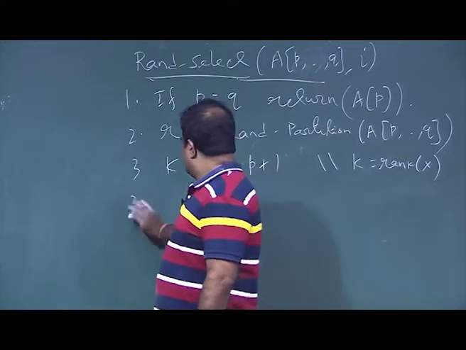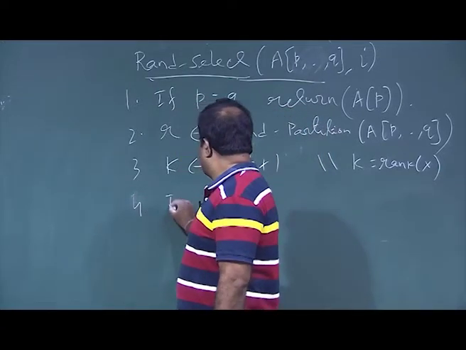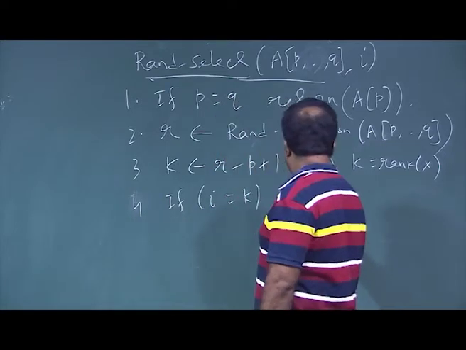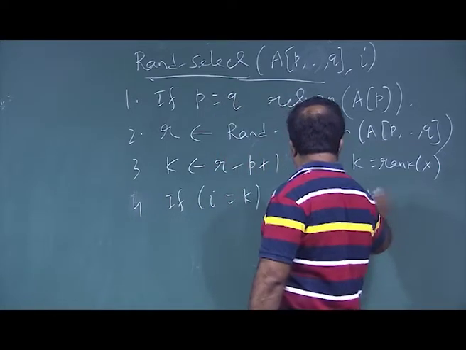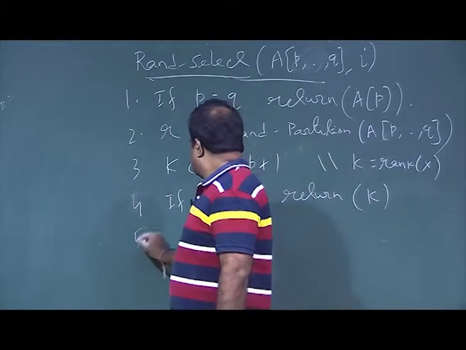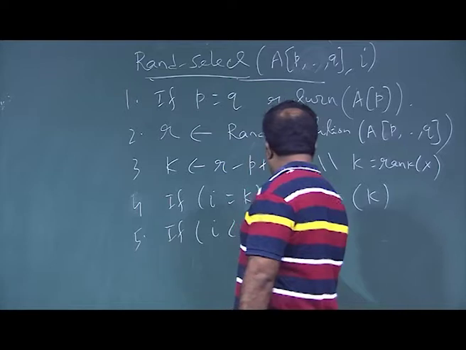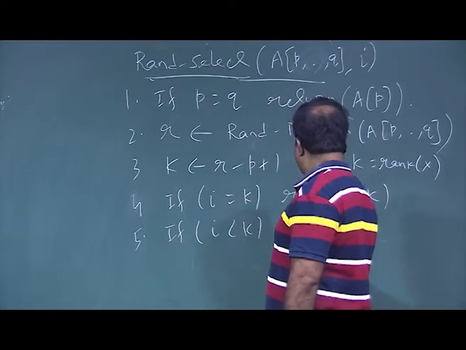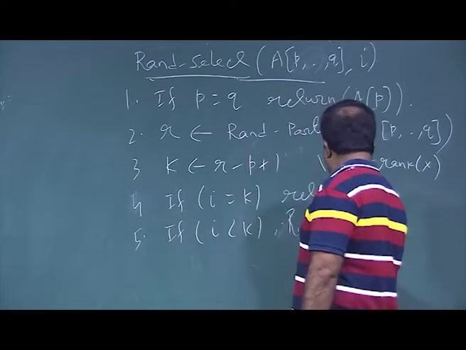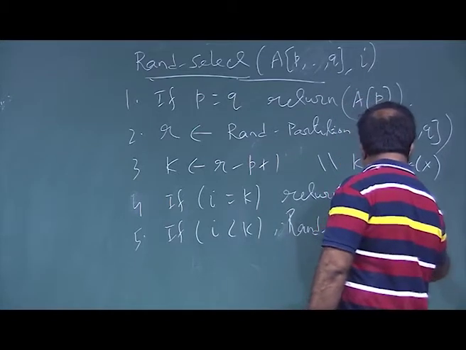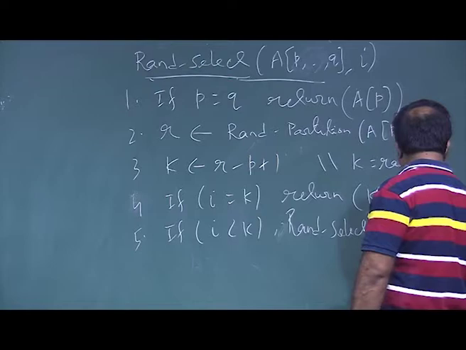Then we just do the same thing. If I is equal to K, then we return the pivot element; otherwise, if I is less than K, then we have to call this randomized select again, rand select from P to R minus 1 comma I.